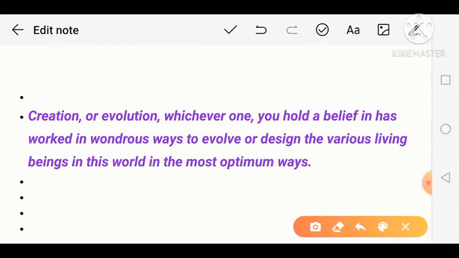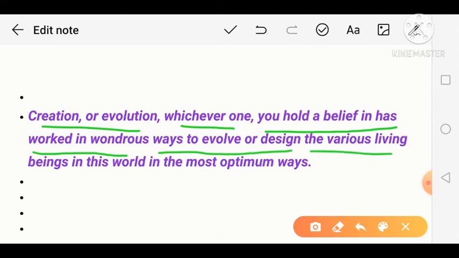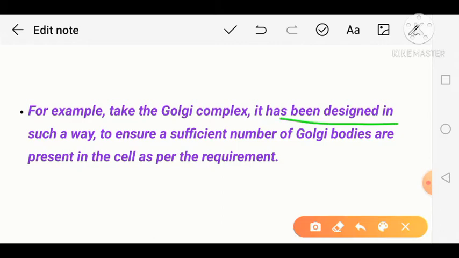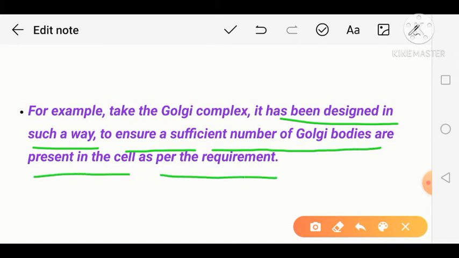So the creation or evolution, whichever one you hold a belief in, has worked in a wondrous way to design the various living beings in this world in an optimal way. For example, take the Golgi complex. It is designed in such a way as to ensure a sufficient number of Golgi bodies in the cell as per requirement.